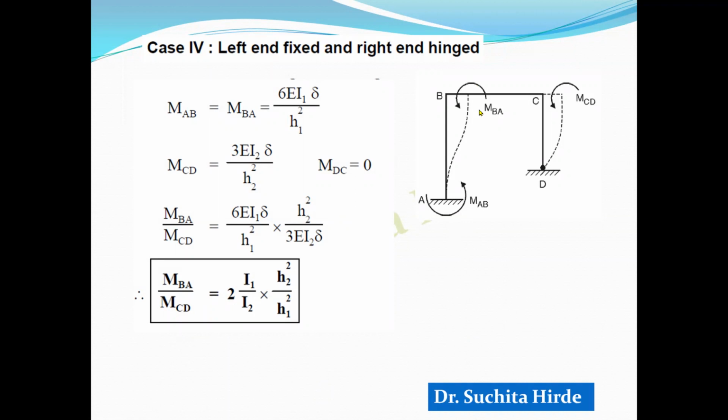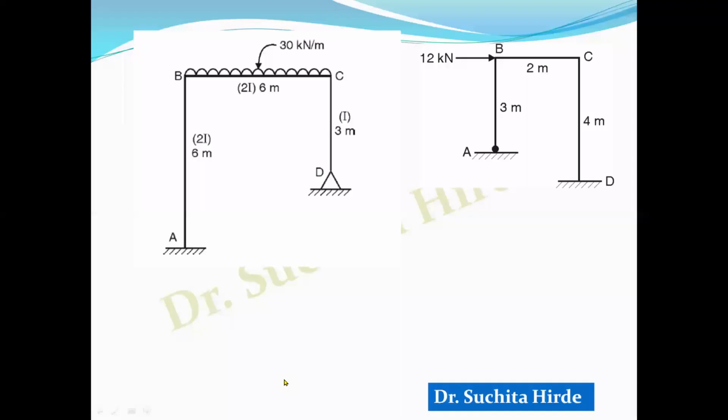So MAB is equal to MBA and there is MCD. We have to calculate this proportion in this fashion. This we will see while solving the problem. So we have to remember all these four cases while analyzing the portal frame for stage 2 analysis, that is for sway analysis.